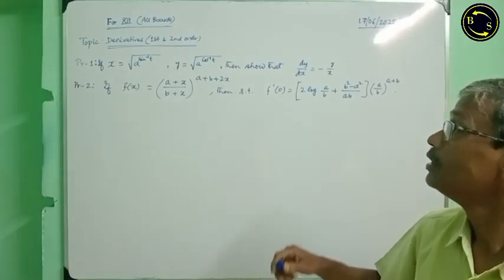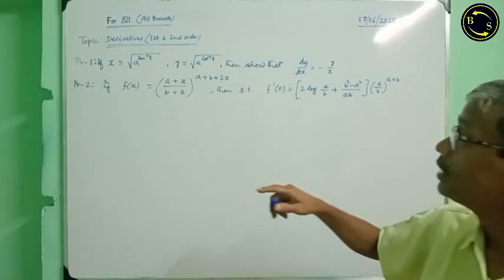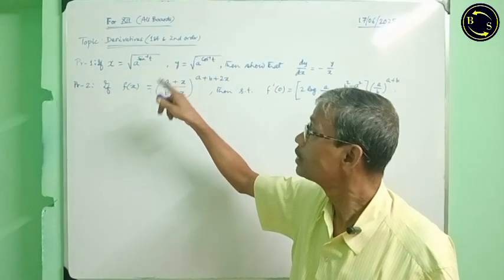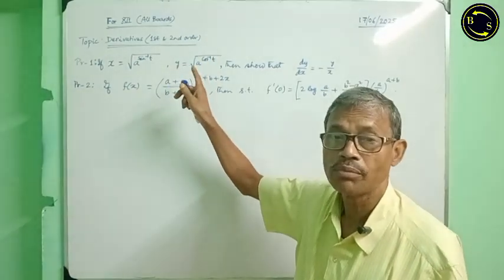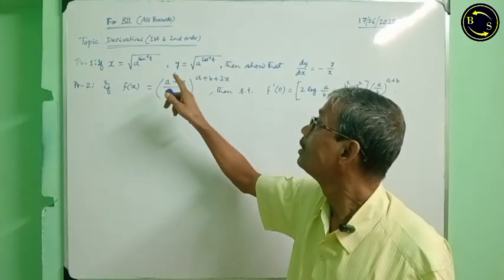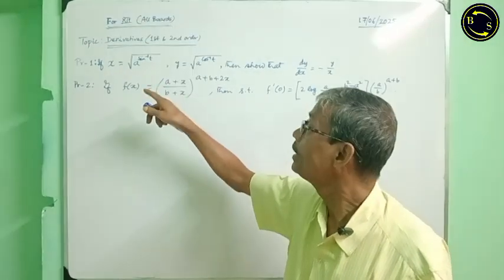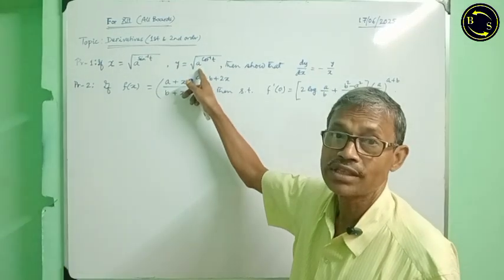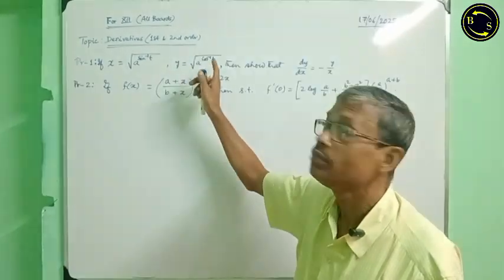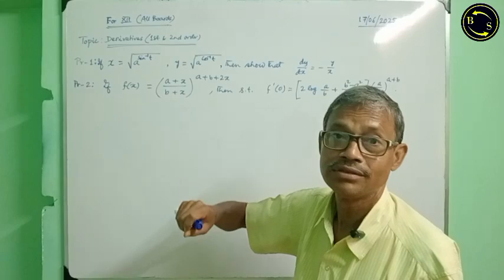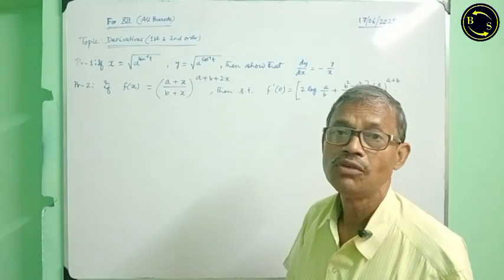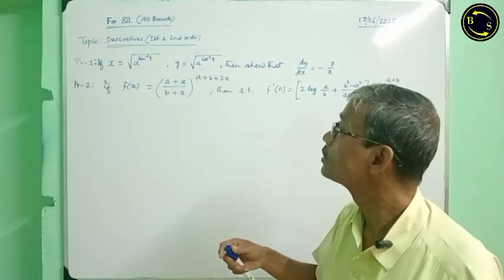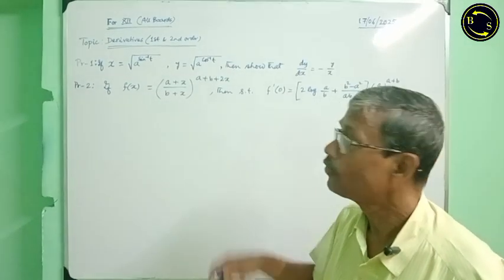Also, square root symbols are there. If I first remove those square root symbols, then we multiply, and as the base in both cases is a, the powers will be added. Then we can apply that identity, sin inverse t plus cos inverse t is equal to pi by 2. Now follow.